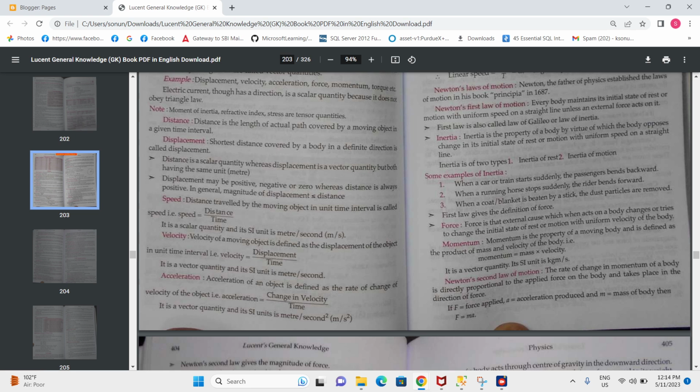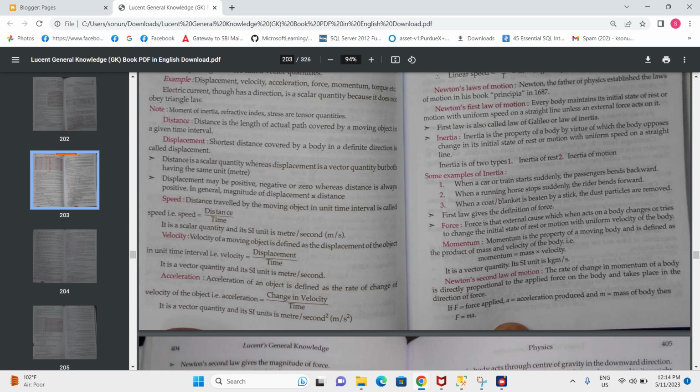Now next, when a running horse stops suddenly, the rider bends forward. Because, just for example, a rider is on a horse and the horse is moving, so parallelly the rider is also moving on top of the horse. So the rider's body is in a moving position and that moving direction is forward.